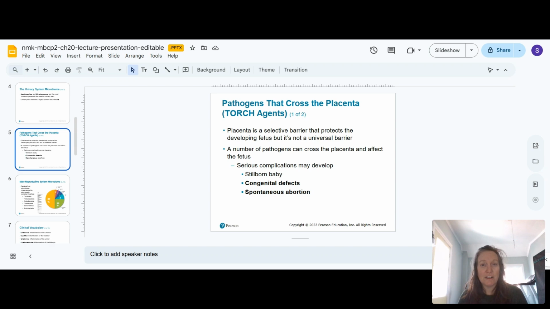One is protection, and even though it is an important barrier for the fetus, a number of pathogens can cross it that can cause serious complications. So a lot of people think that the developing fetus is fully protected in the uterus with a placenta, with an amniotic sac, and all of those are true, but there are some bacteria, some viruses that can affect an unborn baby.